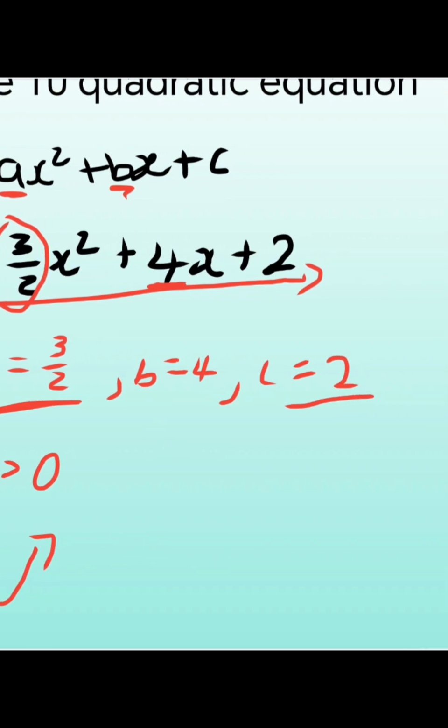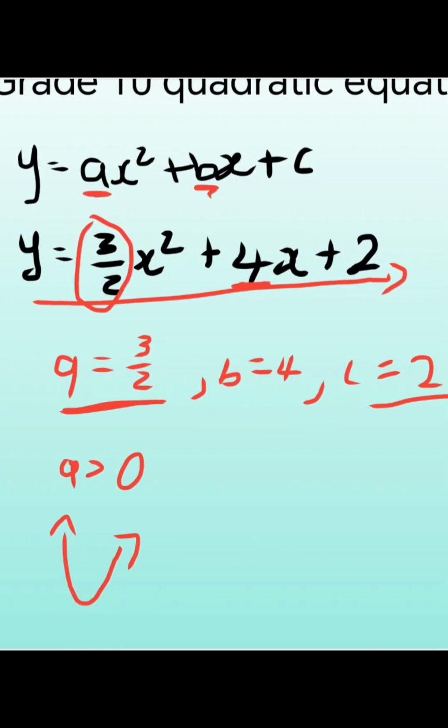So now, there is C, where C is equal to 2, which is the y-intercept. Whenever we see C, it is where our graph cuts the y-axis. So let us draw our Cartesian plane. That is our Cartesian plane. We say that 2 is somewhere here.